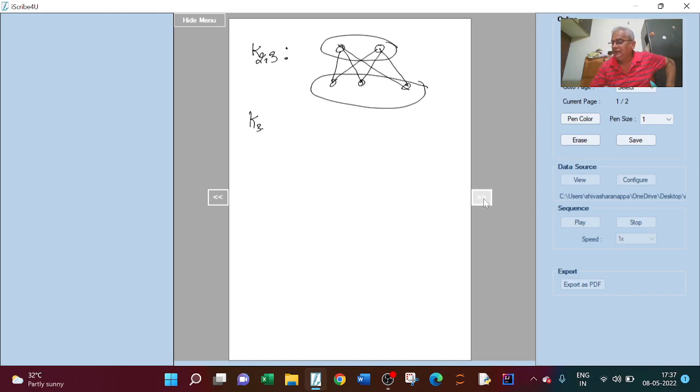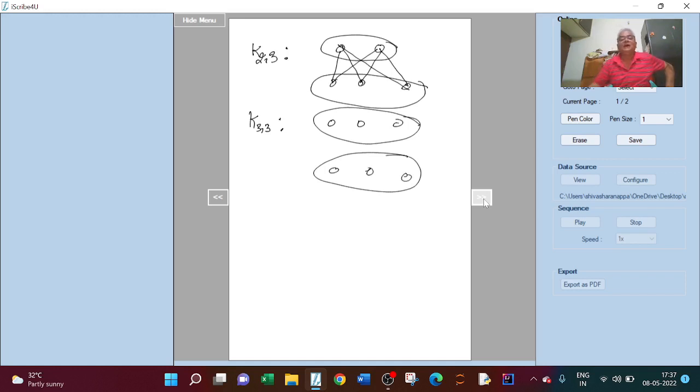Similarly, K3,3 is nothing but three vertices in V1 and three vertices in V2. Every vertex of V1 is joined to every vertex of V2. So I'll join this, joining this, joining this, this edge, this edge, this edge, this edge, this edge. So this is our K3,3.